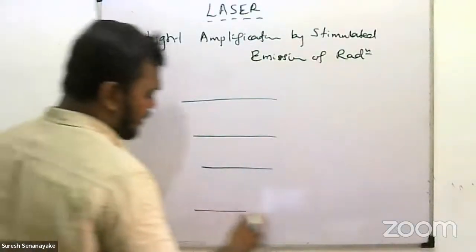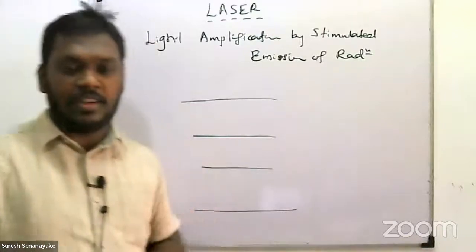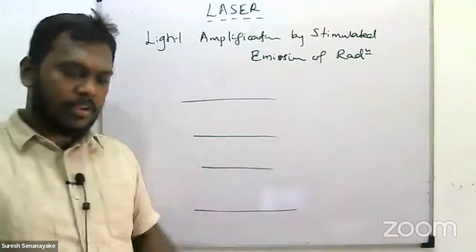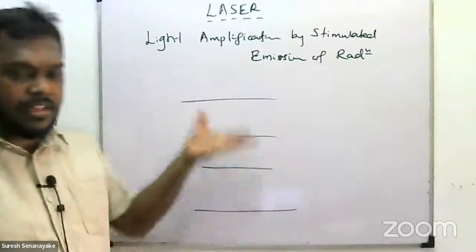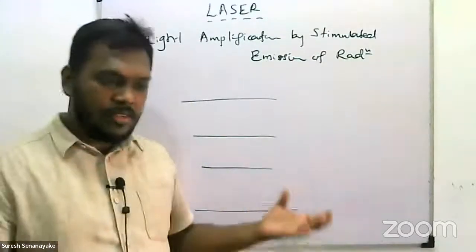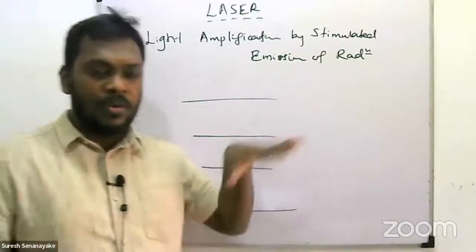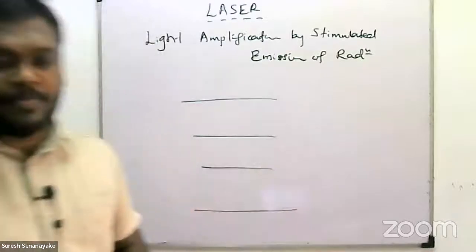The energy levels mean the state of their energy. Some atoms have high energy, so they are in high energy states. Some atoms are low energy, they are in low energy states.